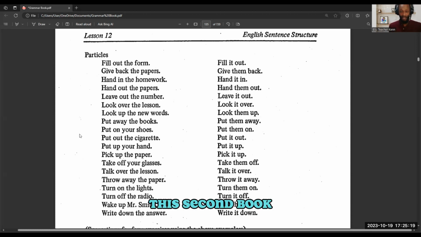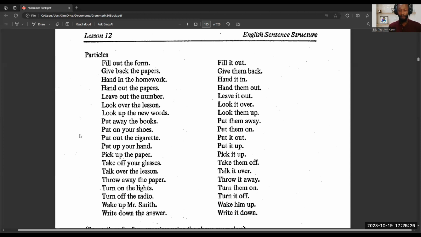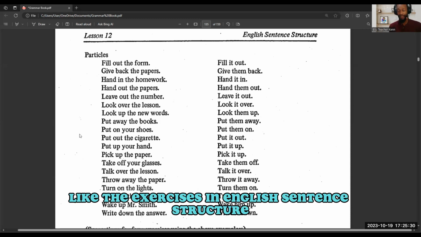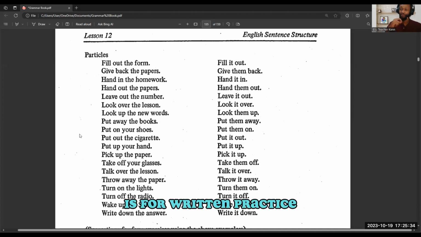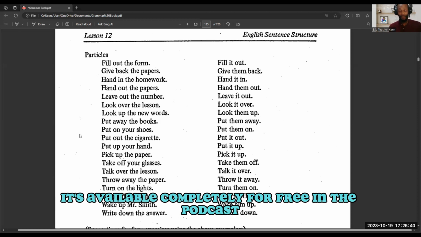This second book coincides with the first one in regards of grammar, but it's not for conversational practice like the exercises in English Sentence Structure. It's for written practice. So in case you guys are interested, again, it's available completely for free in the podcast.